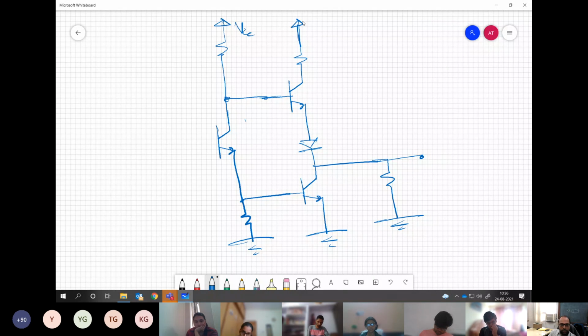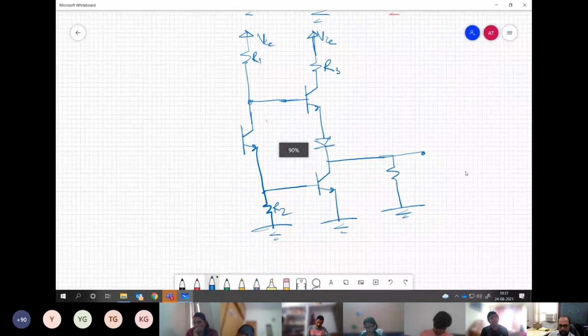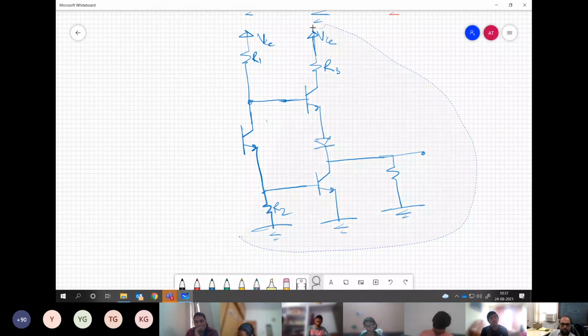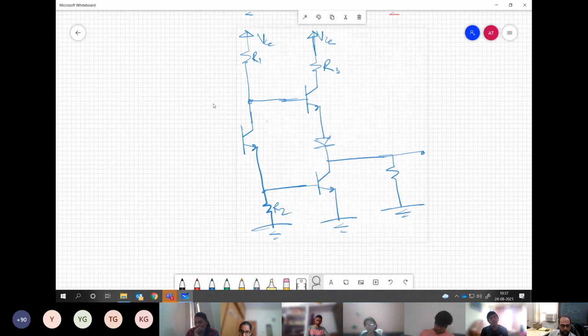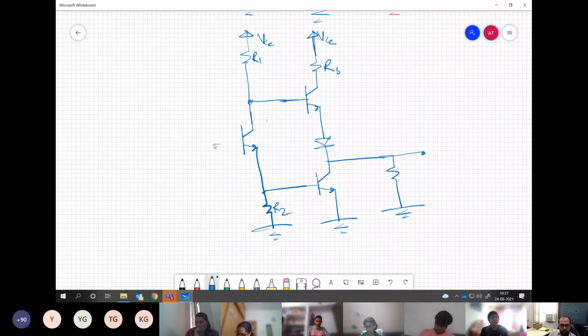So we have to understand it slowly, but the understanding should be formed. How it is happening, what is happening, and let me copy this circuit for saving time. Okay, so this is what we have.